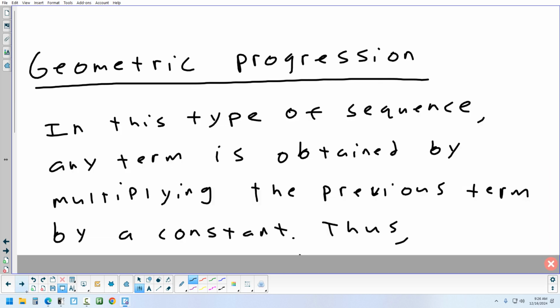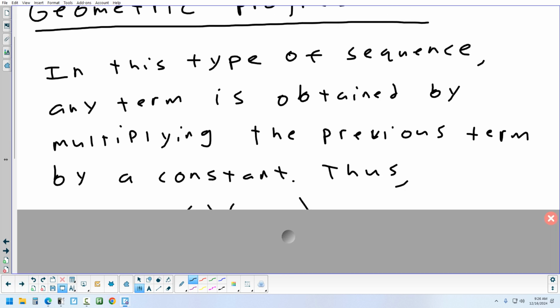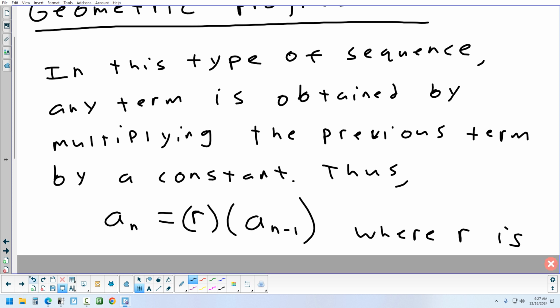So in this type of pattern, to get a term, you multiply the previous term by a number. So if you want to know a certain term, take the one that comes before it and multiply it by a value.